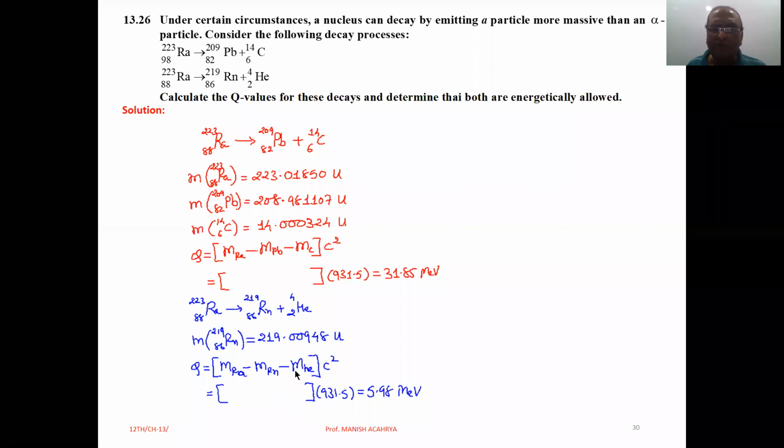Substitute the values of all the masses given to you in terms of U, and then after multiply it by 931.5. You will get the answer, and this answer 5.98 MeV, that is positive. So again we can say, when Q value is positive, this decay is energetically allowed. Clear to all of you?